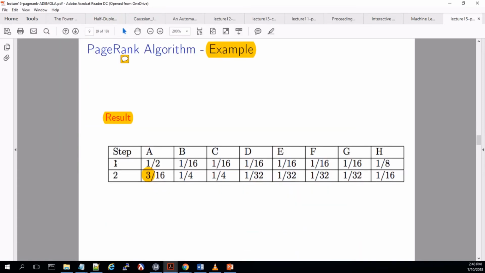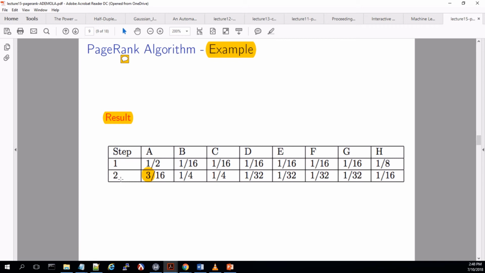We will now use the updated rank here. So to calculate for step 2, we use the values in step 1. To calculate for step 1, we use the initial value, which are all the same. So I hope that is clear. It's very subtle. You need to practice it to be able to get that very well.